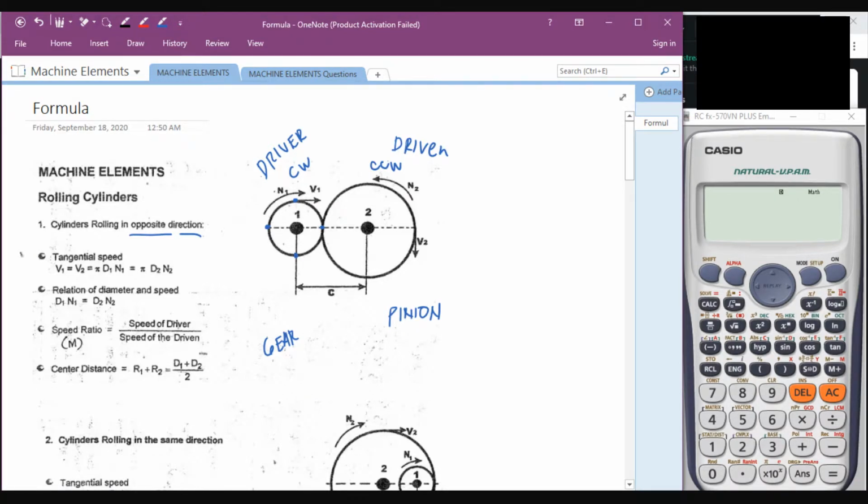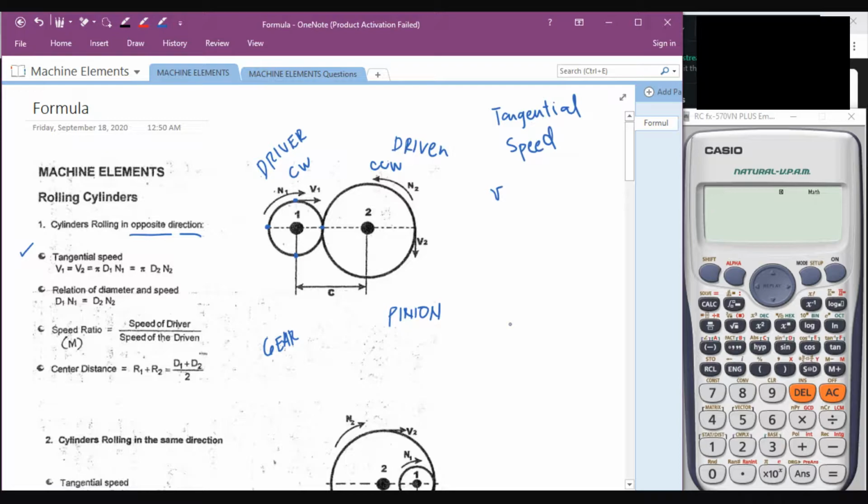The tangential speed is denoted as the velocity at a single point on the outer boundaries of your rolling cylinder.